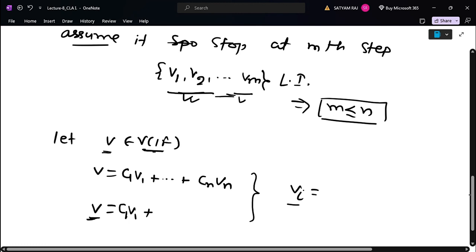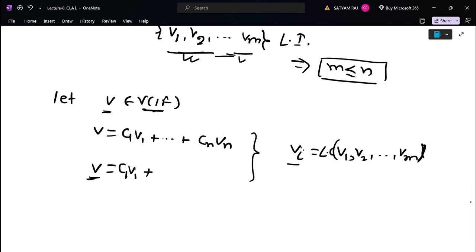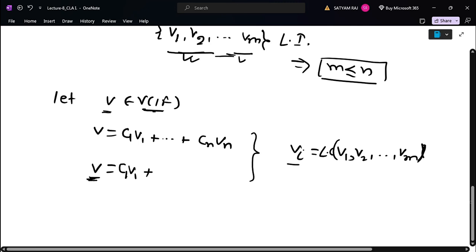So vi is a linear combination of v1, v2, ..., vm, because we constructed it in that manner. It means we can replace vi by c1 v1 plus ... plus cm vm.